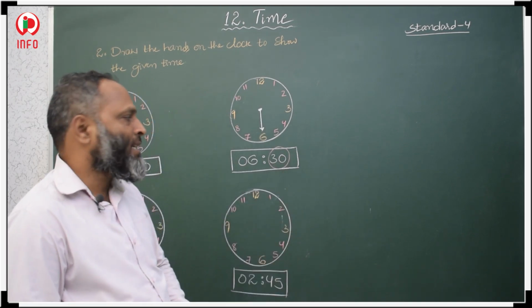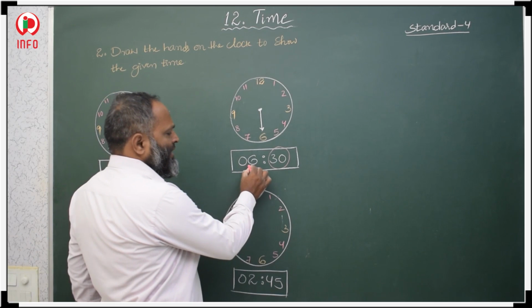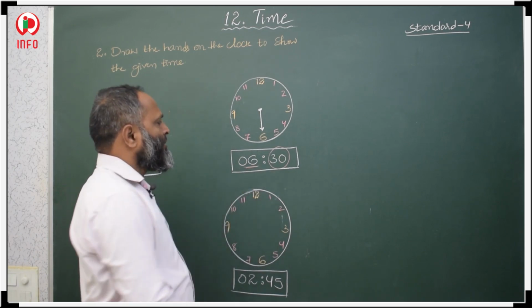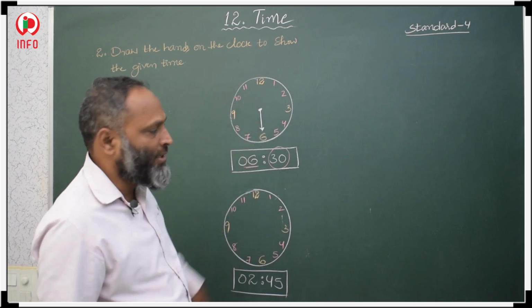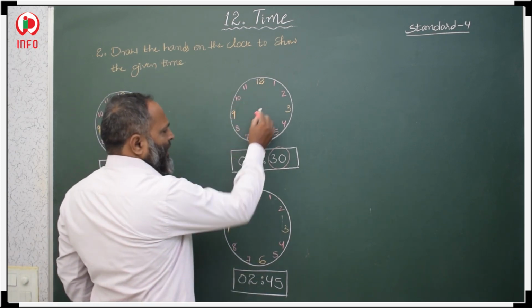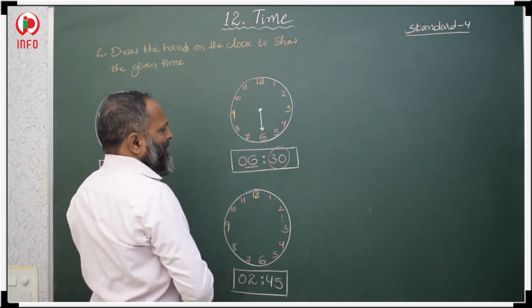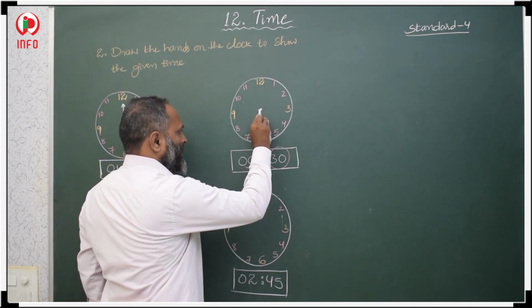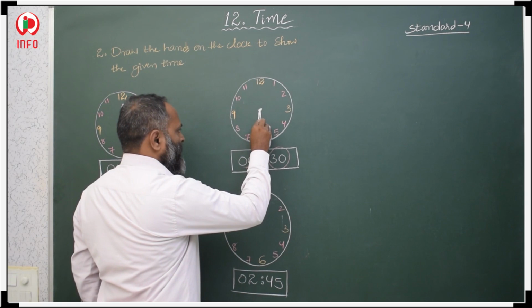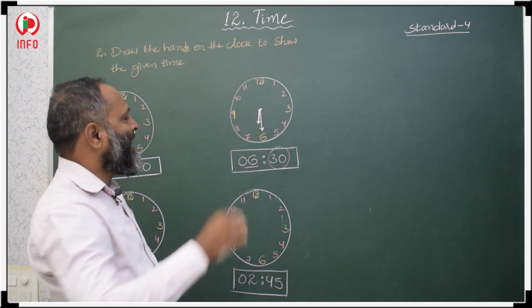Then where is the hours hand? The hours hand is near 6. The minute hand has exactly completed half of the rotation, so we should draw the hours hand in between 6 and 7. It is not exactly on 6.